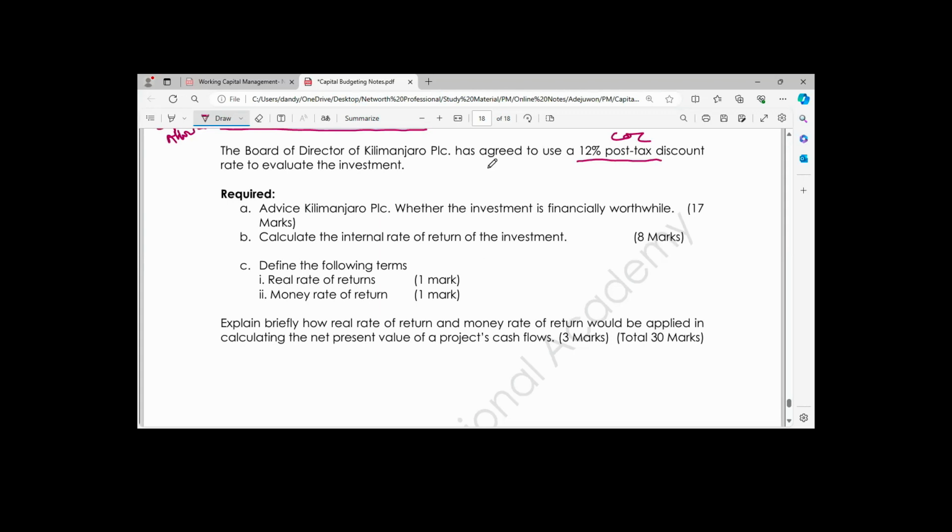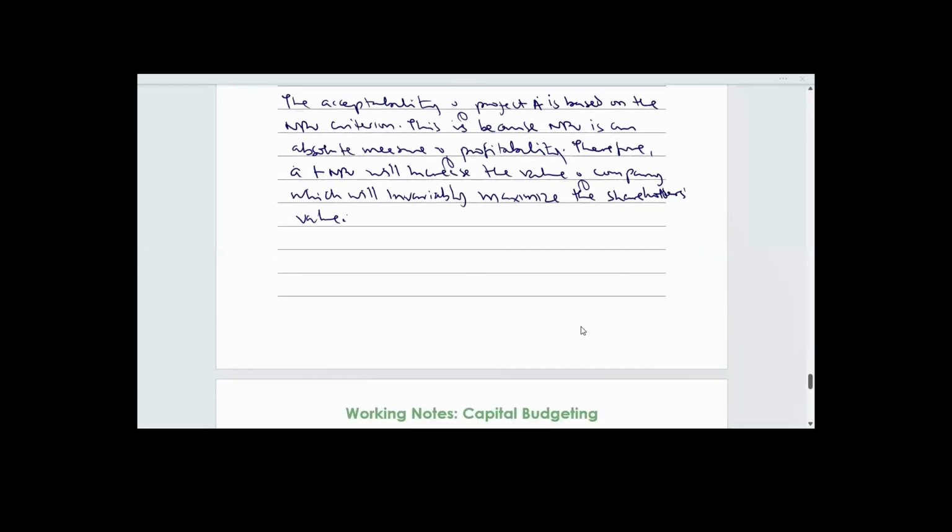So I will stop sharing this document so that I can move to the working notes. Let me see my working note if I still have space. Okay, this is the last. Thank God. Let me add more.